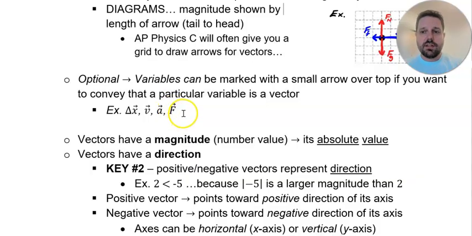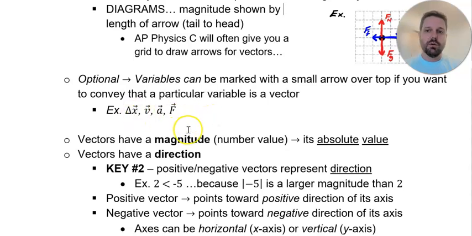Just as a notational thing, since we have these letter variables that we use all the time in physics and math, if we want to make sure that we're tagging a variable as being a vector as opposed to scalar, then we can put a little arrow over that vector. So for example, delta x, velocity, acceleration, force, those are all examples of vector quantities.